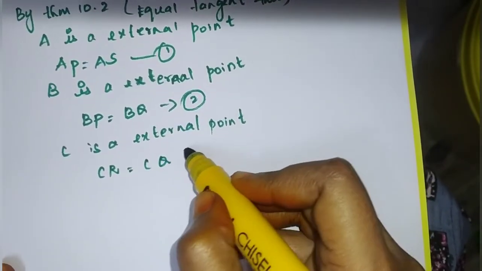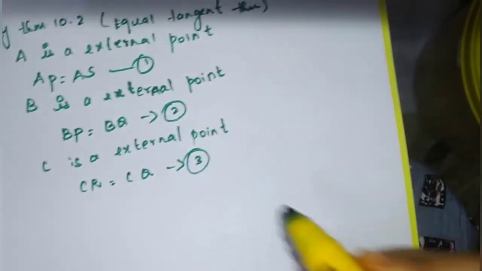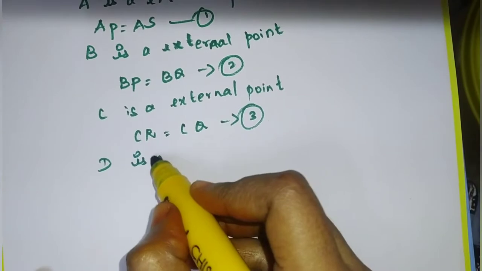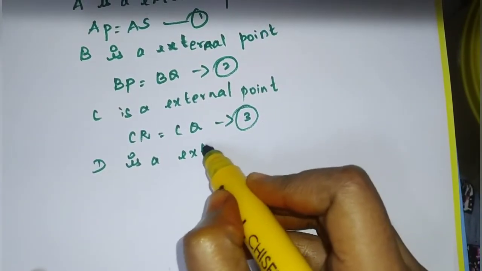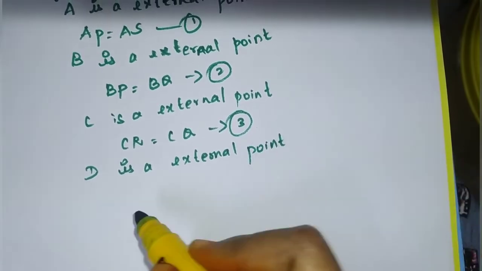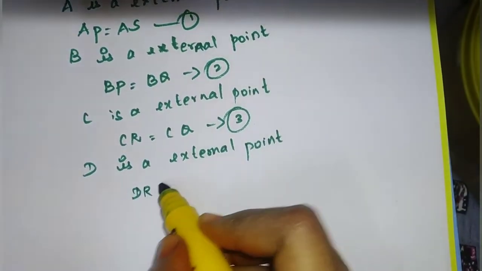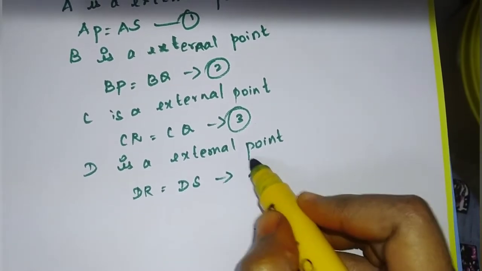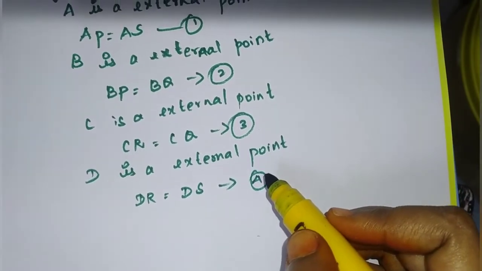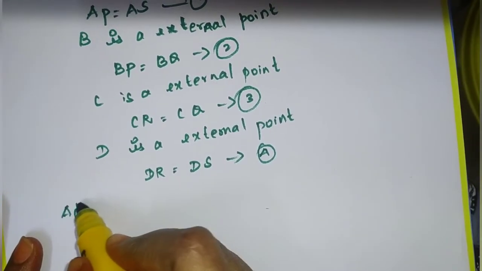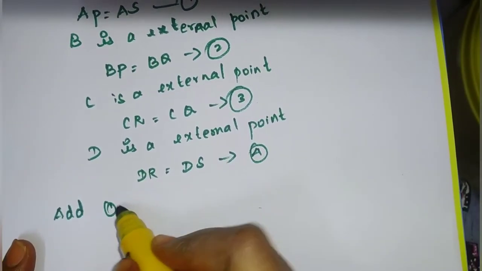Mark this as 3. And then D is the external point. DR is equal to DS. Clear? Add 1, 2, 3 and 4.